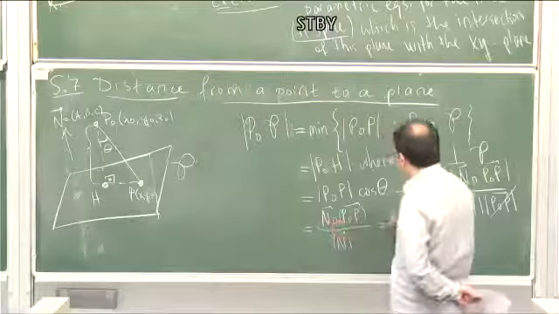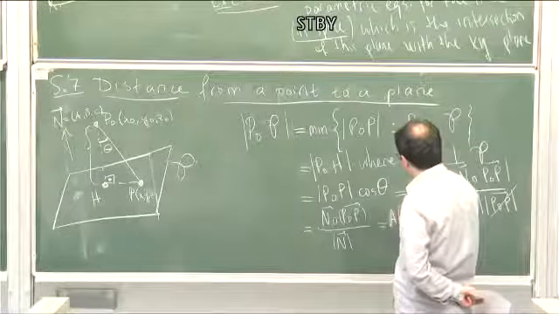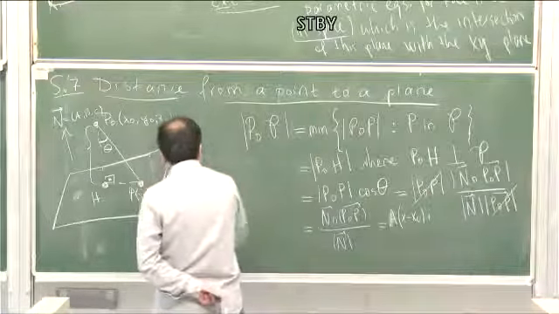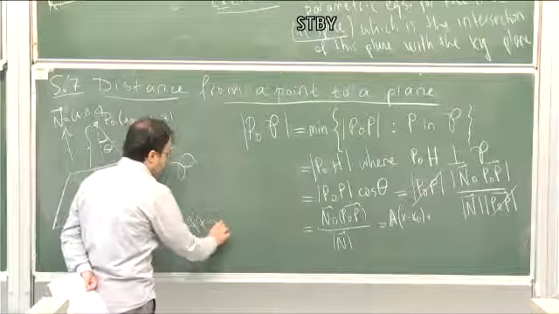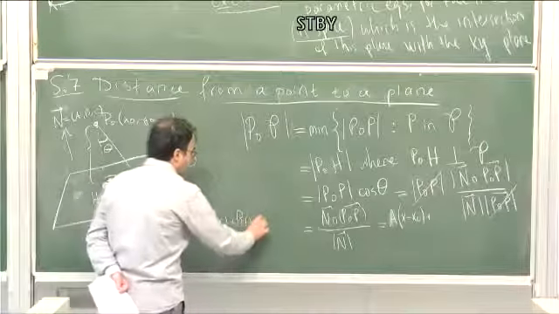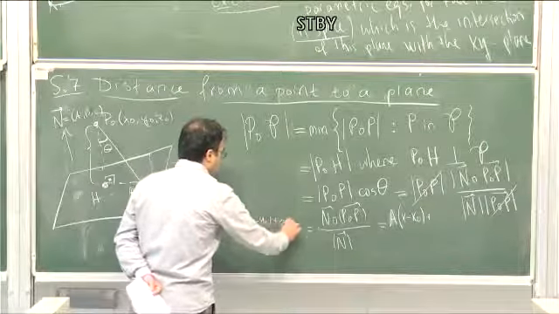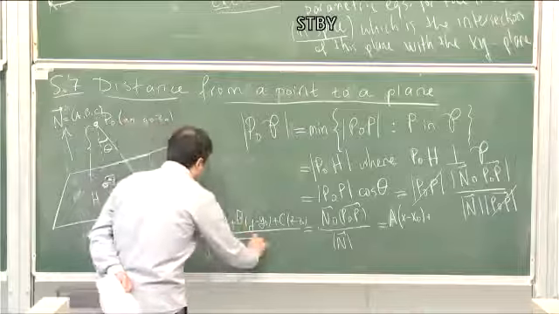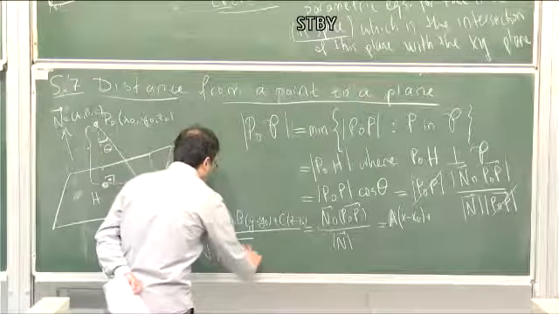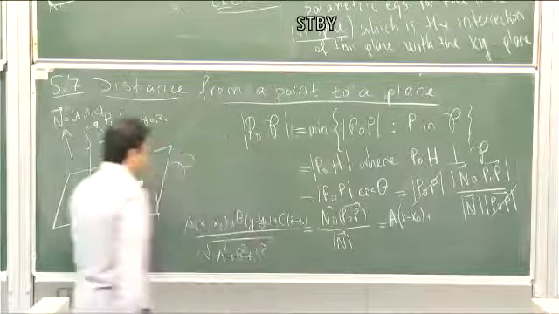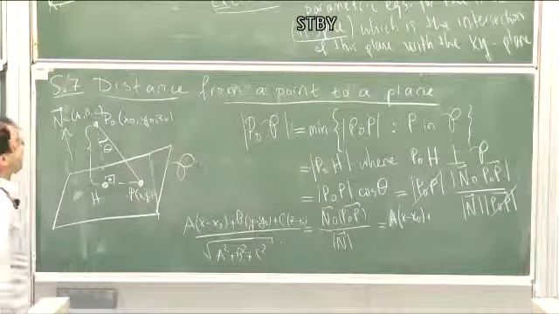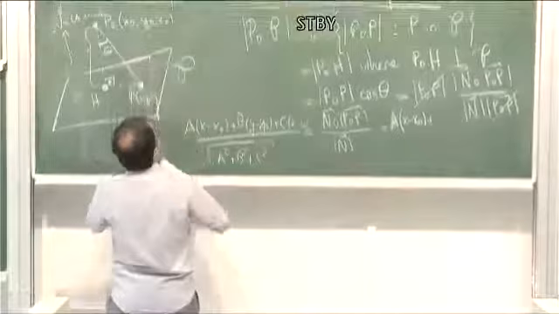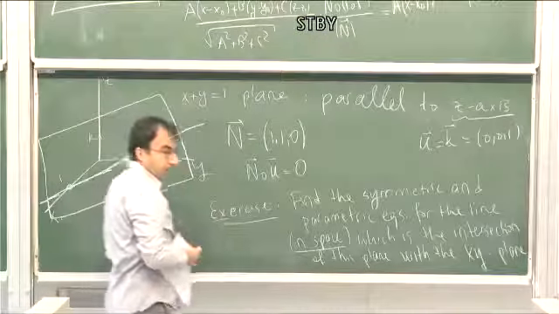Dot product with n, it will be the following: A times x minus x0 plus B times y minus y0 plus C times z minus z0, over the length of n, which will be the square root of a squared plus b squared plus c squared. Okay. Now let's write this product, distribute.